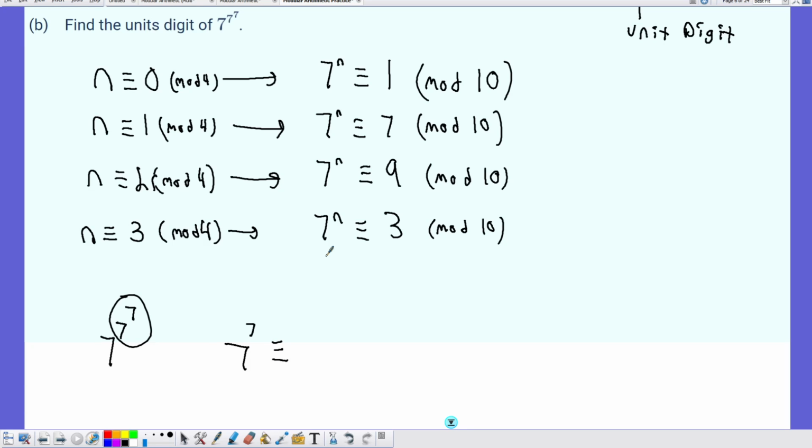Now, because that's the case, we are going to get that 7 to the 7th power. Well, 7 mod 4 is technically 3. But you could also think of 3 as -1 mod 4.